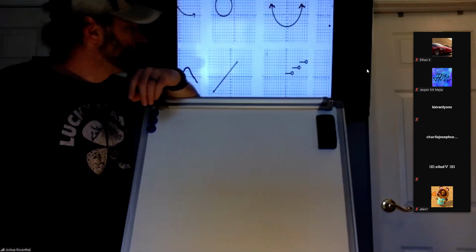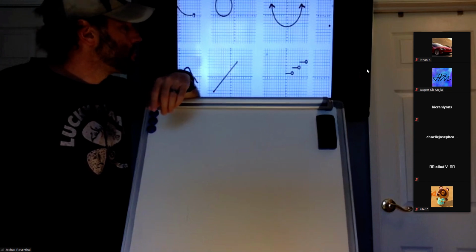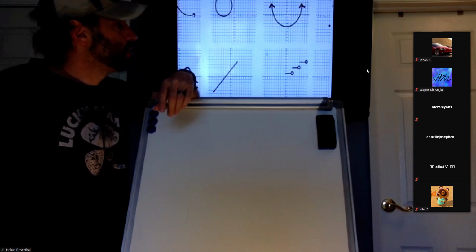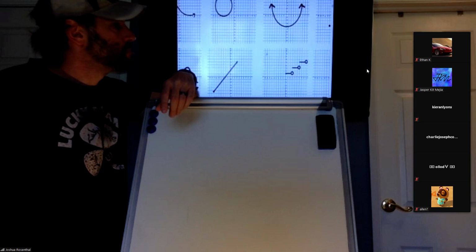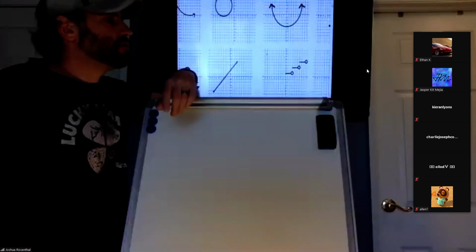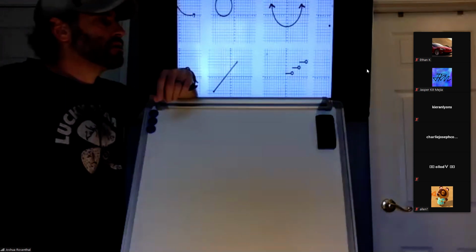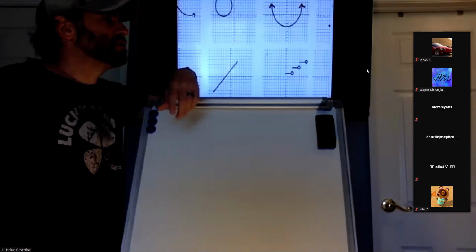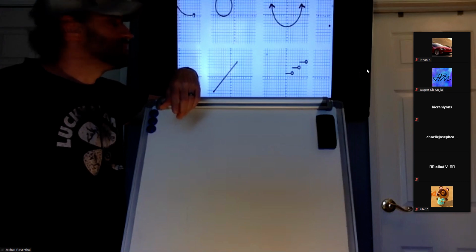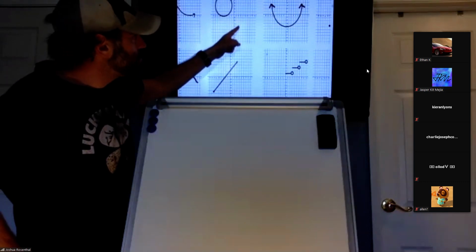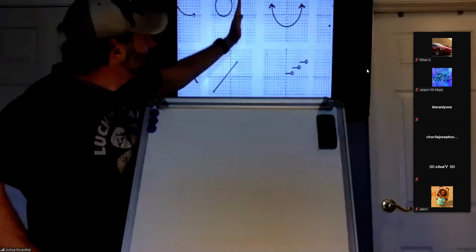Mr. Rosenthal, I forgot why it can't be a function if it's a vertical line. If it's a vertical line, what is a line made out of? Points, right? A vertical line would mean you have points that are above and below each other at the same x. So a vertical line that goes through 3, like that.